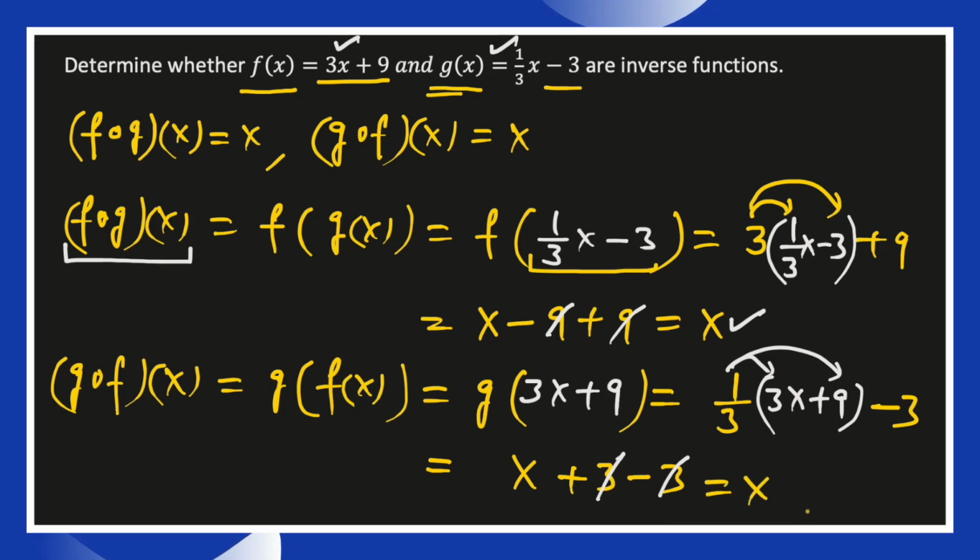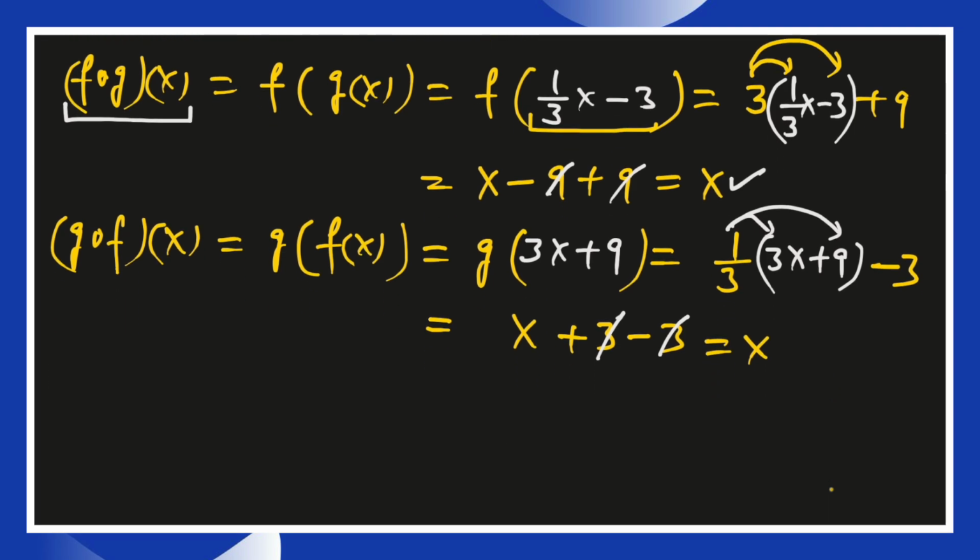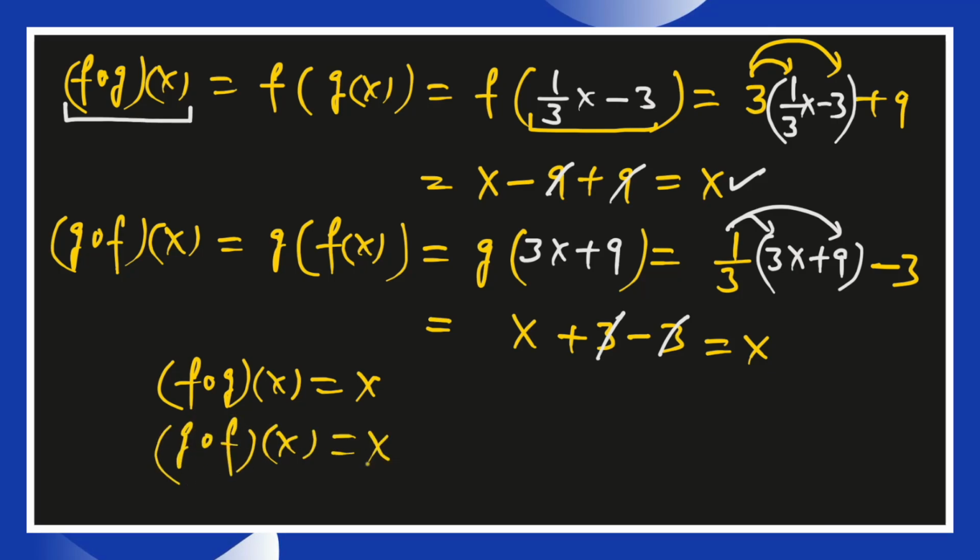Now, we can clearly see in this particular question that since both f of g of x is equal to x and g of f of x is also x, the functions f of x and g of x are inverse functions.